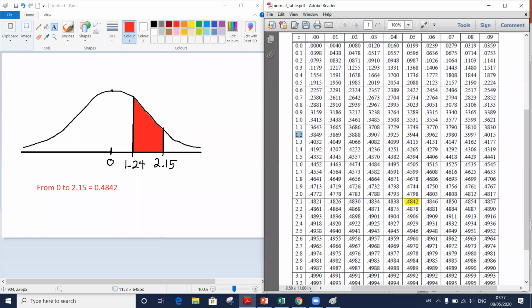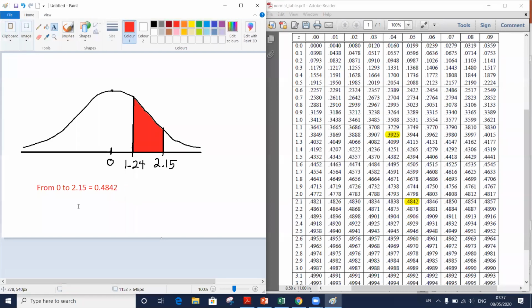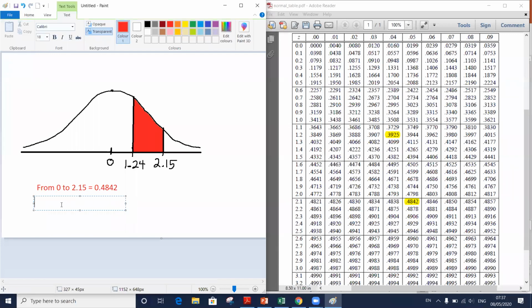For 1.24, this is the relevant Z value, 0.3925. From 0 to 1.24, the value is 0.3925.